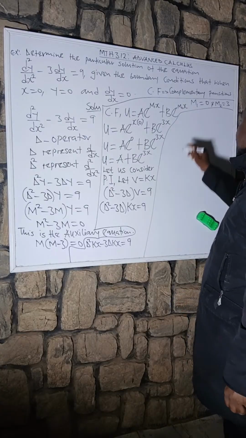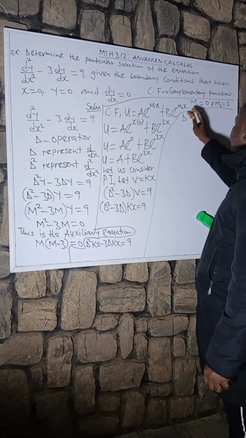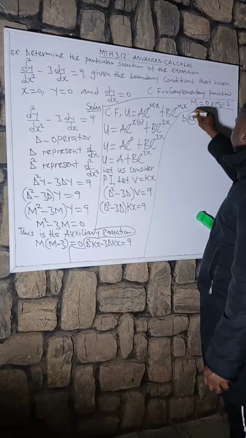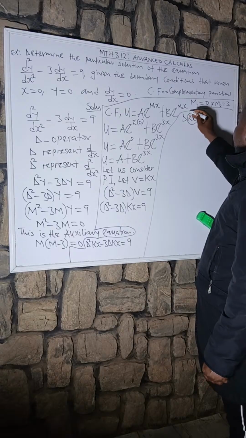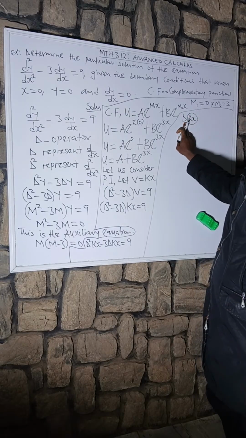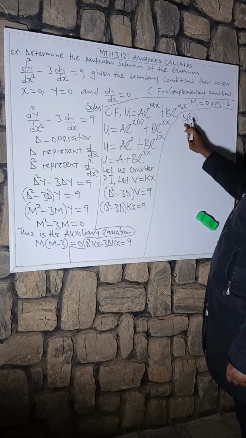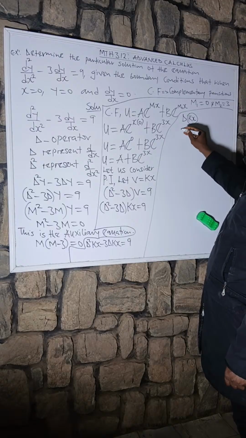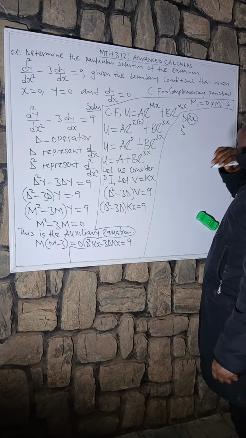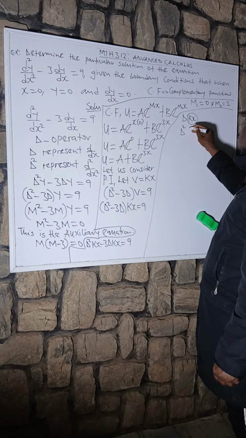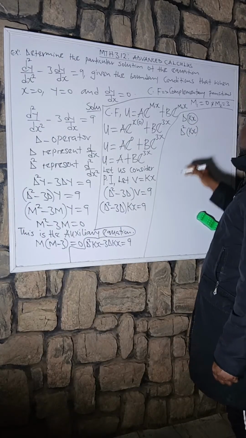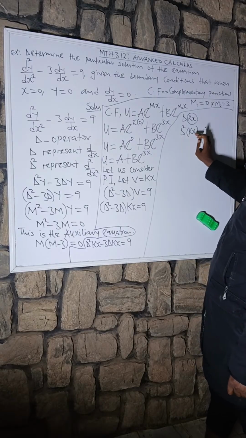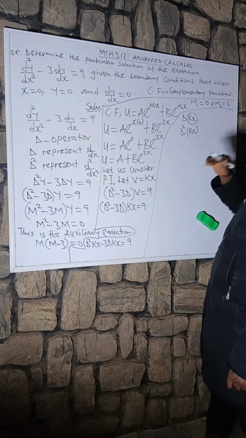So now this D operator means you have to differentiate what is here. D(kx) means differentiate this function once, but when you have D squared (kx), it means you differentiate this function twice.